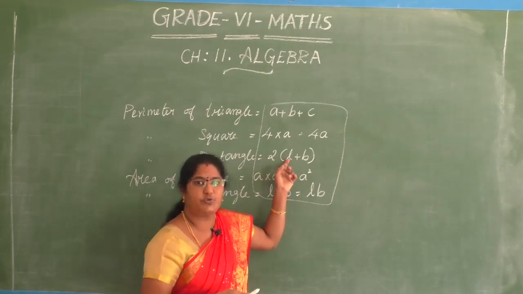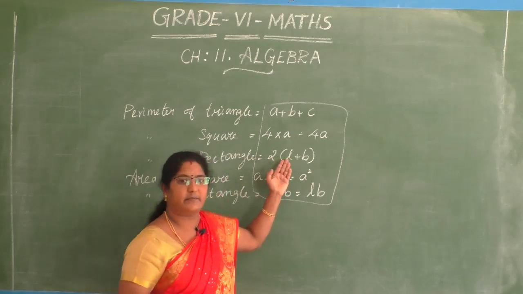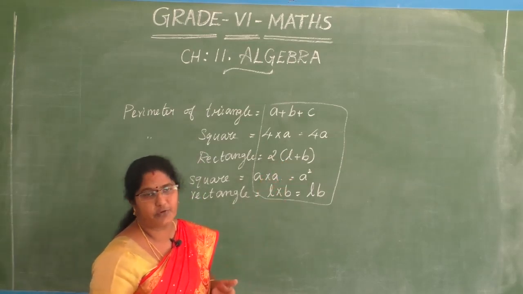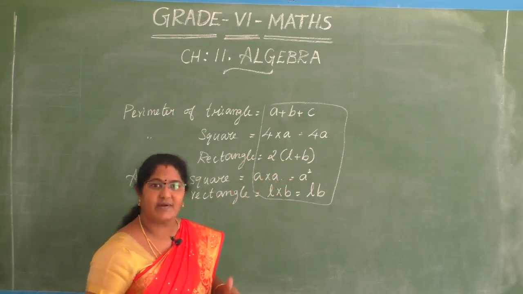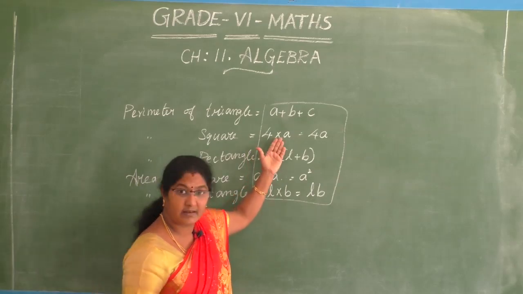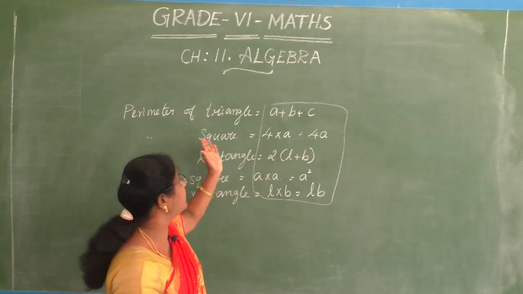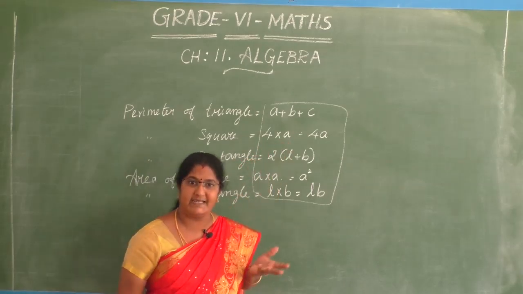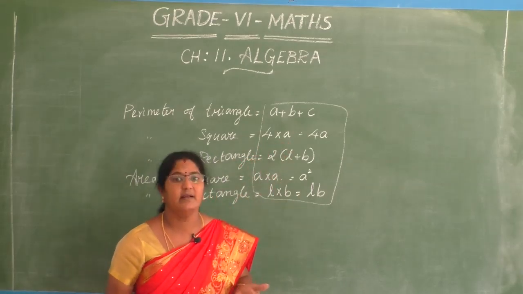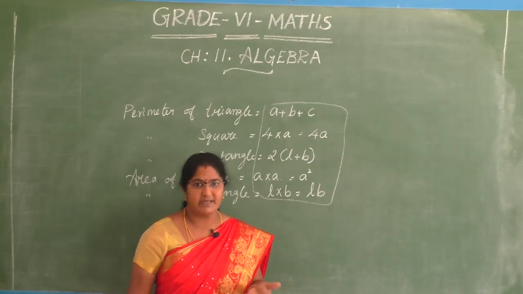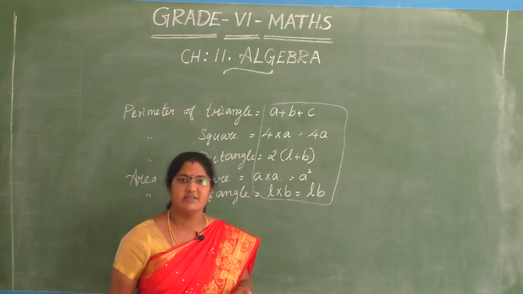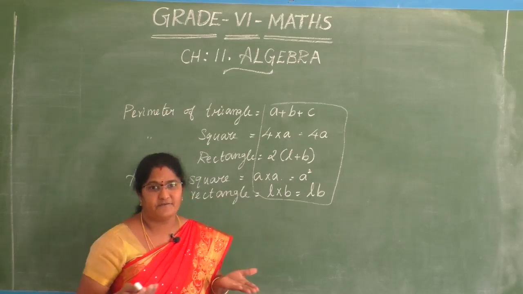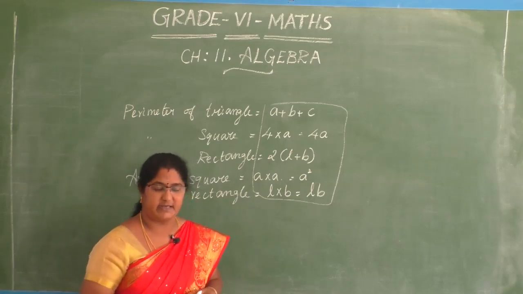We can give any number for the variable: L equal to 3, B equal to 4, A equal to 6. Likewise, in one problem, while finding the area or perimeter of a square, you are substituting the values of side, using side instead of A. The value changes for each problem, it varies, that means it is different.